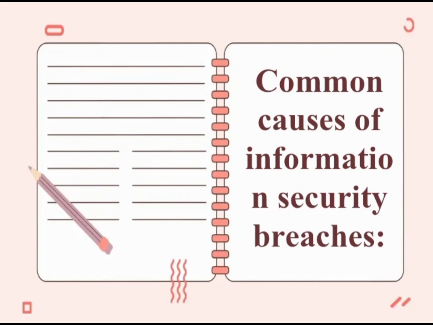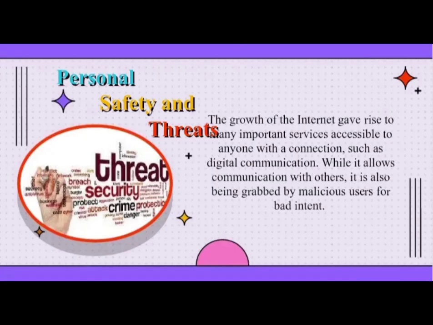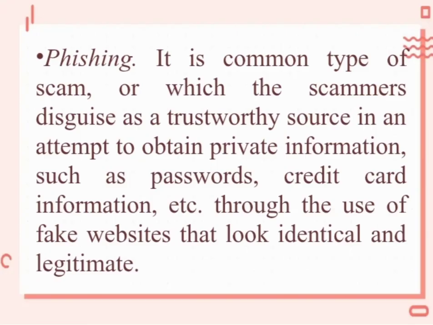Now, let's discuss the common causes of information security breaches, or ito yung pangunahing dahilan ng mga paglabag sa seguridad ng information. First is phishing. It is a common type of scam in which the scammer disguises as a trustworthy source in an attempt to obtain private information such as passwords, credit card information, and etc. Ang phishing ito yung napaka-common type ng pang-scam ng mga tao.